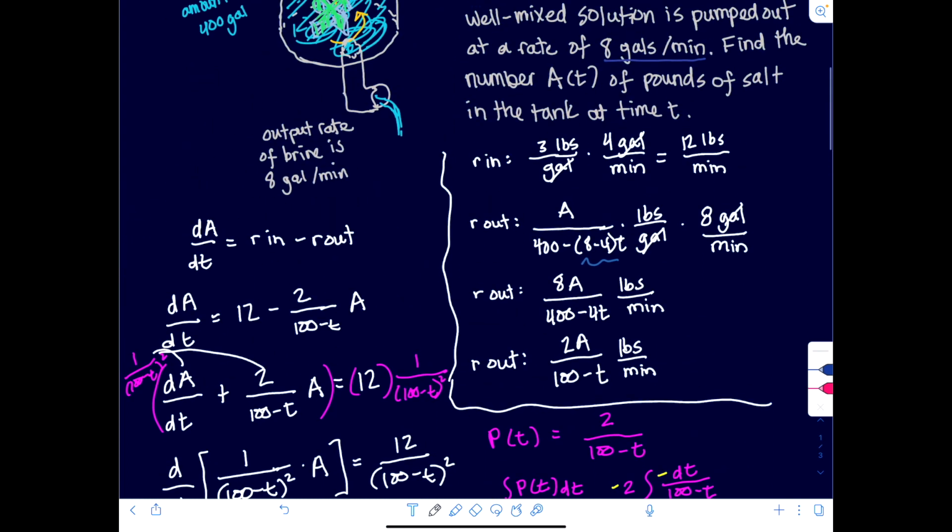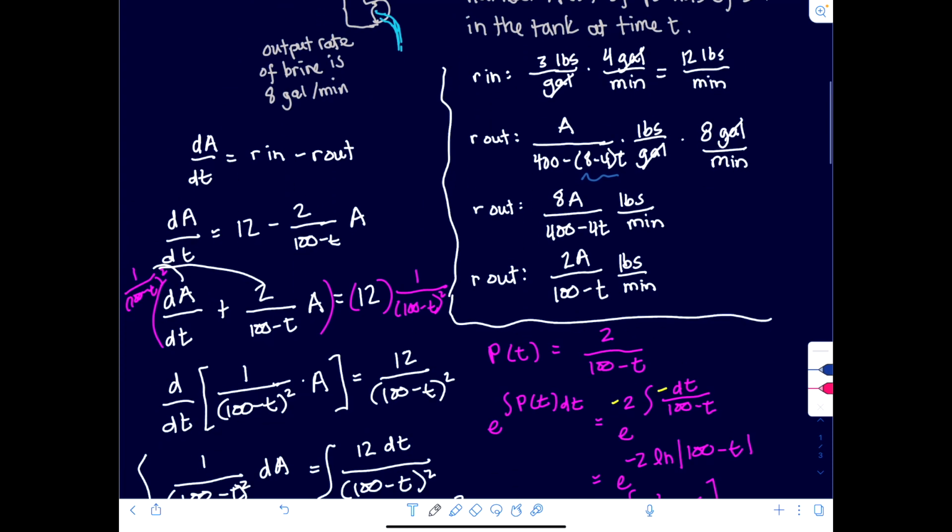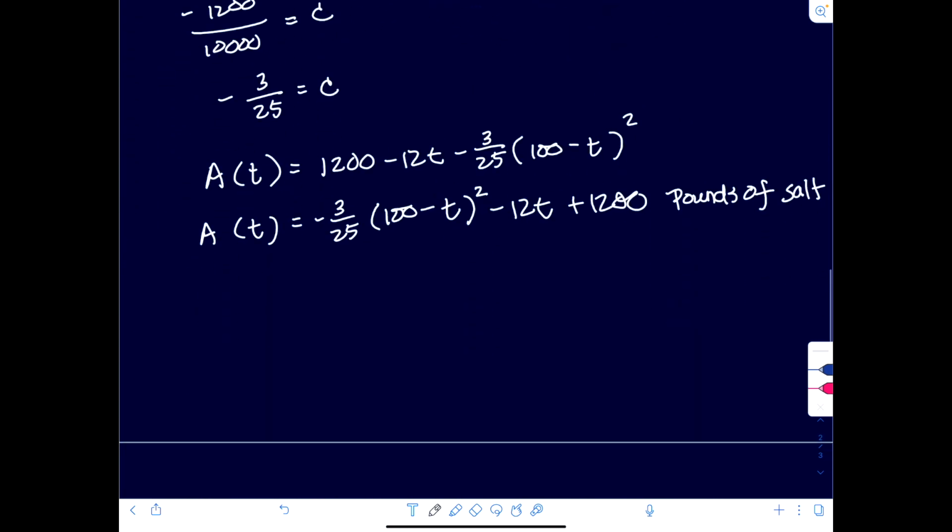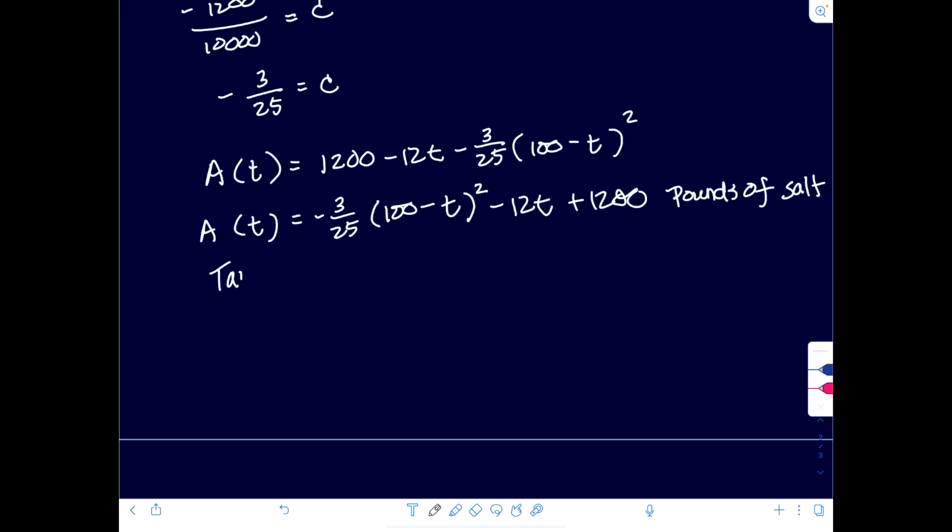And so the tank's got to empty out in 100 minutes, right? That's how long it's got to take for the tank to empty out. So the tank empties in 100 minutes.